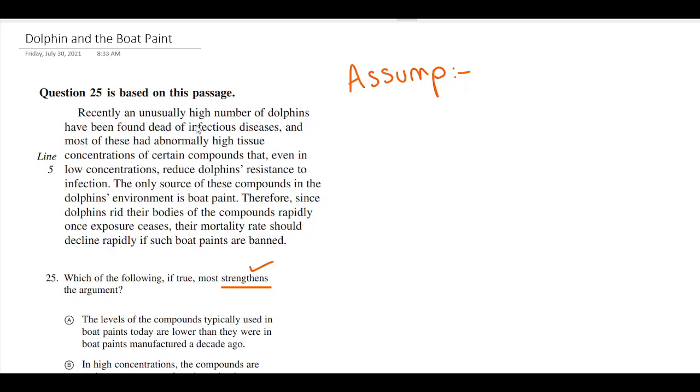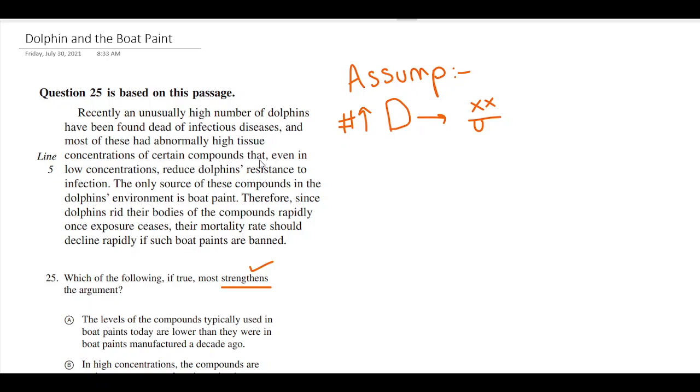Recently, an unusually high number of dolphins have been found dead of infectious diseases. Okay, so how about we sketch it out? I'm going to use D for dolphin. Unusually high number: when it comes to the number, a lot of dolphins have been found dead of infectious disease, and most of these had abnormally high tissue concentration of certain compounds.